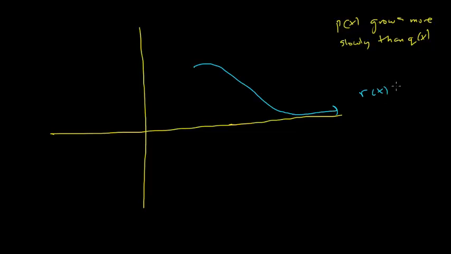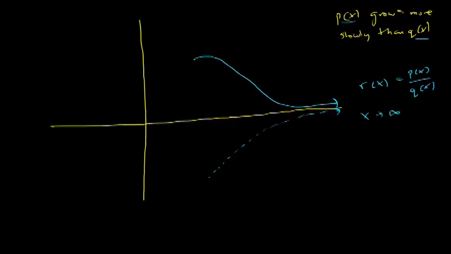That's because r of x, which again is p of x divided by q of x, if this denominator is getting big much more quickly than the numerator is, we're going to be dividing by larger and larger numbers, and so this ratio will be approaching 0. So if p of x grows more slowly than q of x, whether we approach from the top or from the bottom, we will be approaching 0 as x goes out towards infinity.